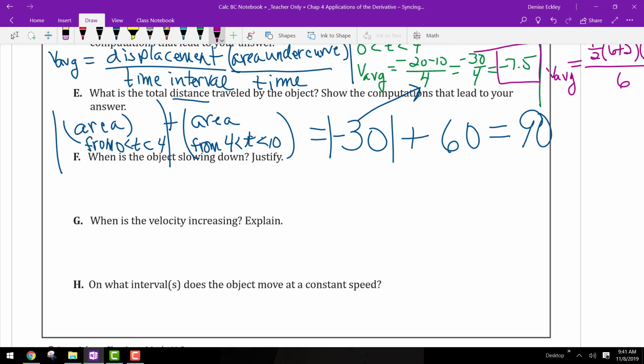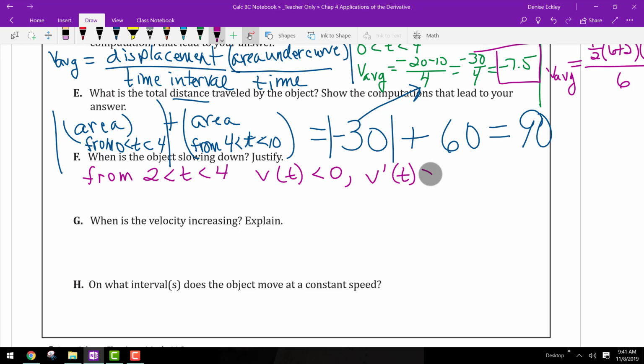So the first one is going to be from 2 to 4 seconds, because v of t is less than 0 and v prime of t is greater than 0. And from 4, oh, I'm sorry, it's not 4.